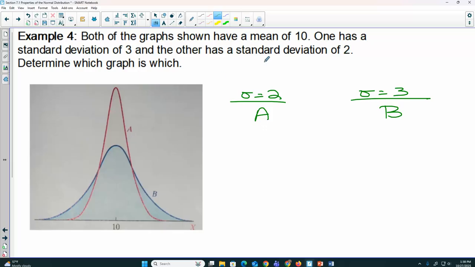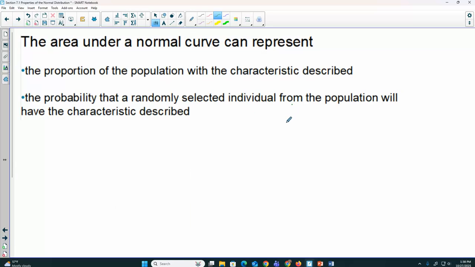Tomorrow we'll start calculating areas under these curves, and there are 2 different interpretations. We can talk about it as a proportion of the population with a certain characteristic, or the probability that a random individual would have the characteristic. For instance, if I said 62% of the students in my first hour class are female, the way I just described it is the first one, the proportion of the population with our characteristic.